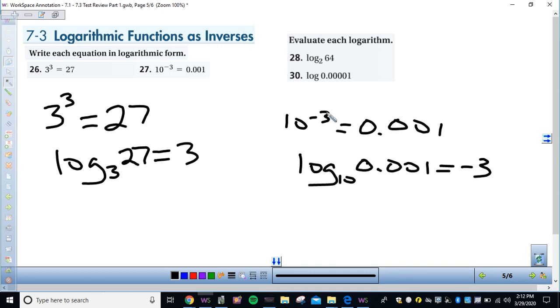Remember, just have the 0.001 and the negative 3 switch spots, the negative 3 over here and the 0.001 on the left side. Now we can also rewrite this because you might see this on the SAT or you might see this in the solutions. We don't need to write that 10. So log of 0.001 equals negative 3. Okay, so either answer works for me.